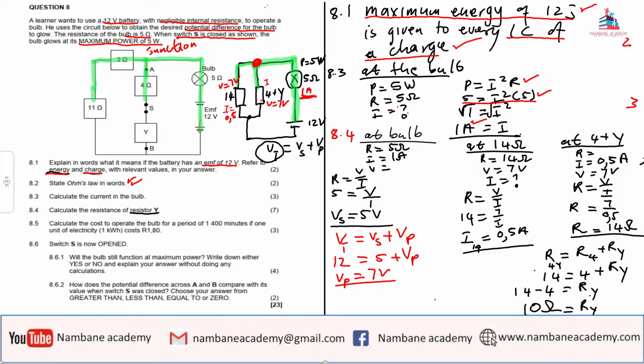Mr. Nyoko? I don't think that I analyzed the circuit properly because the correction seems very simple, and then my answer was very wrong. I overcomplicated the whole thing. Yes, you made it very difficult.